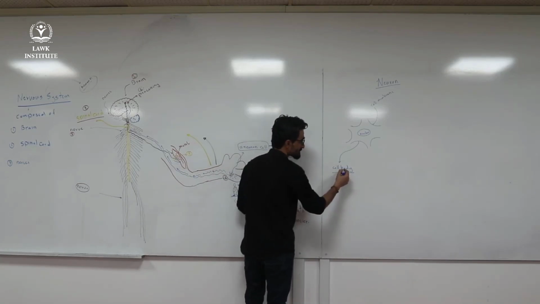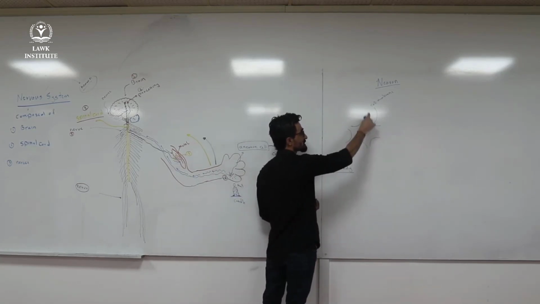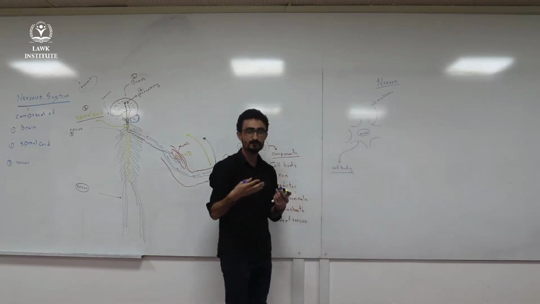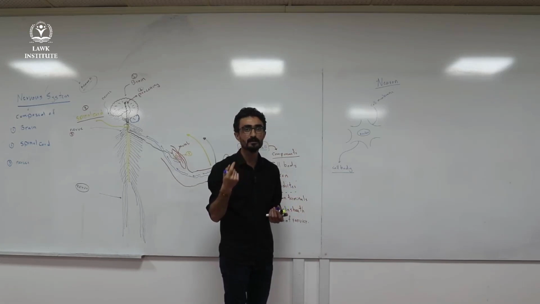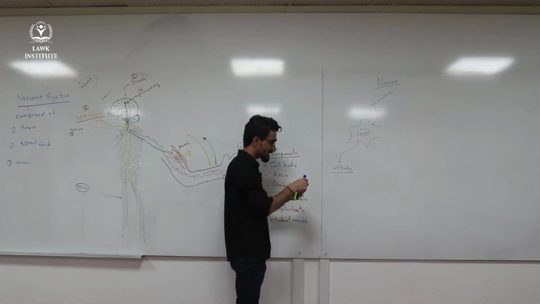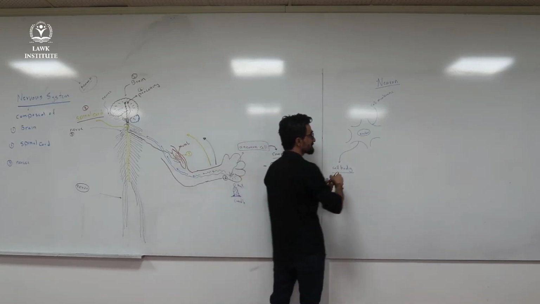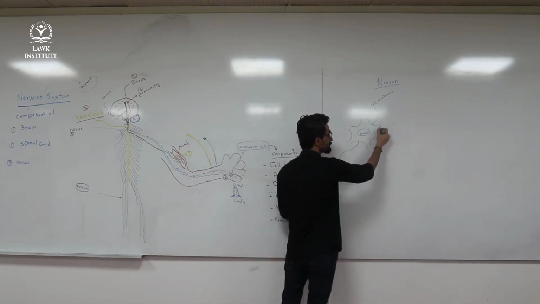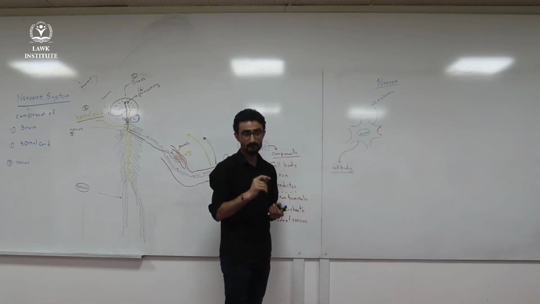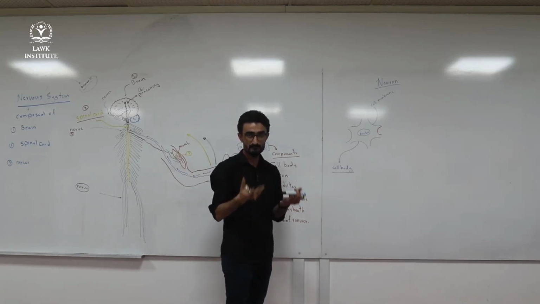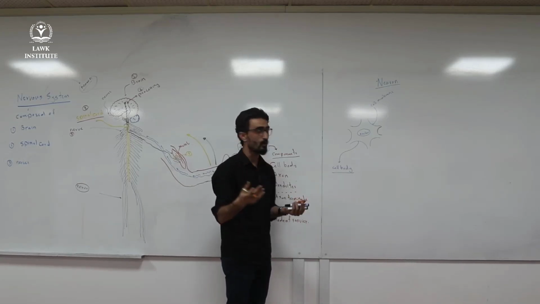This cell body creates some membranous extensions. These can be subdivided into two kinds. The majority of them are short but many, and one of them is single but long.